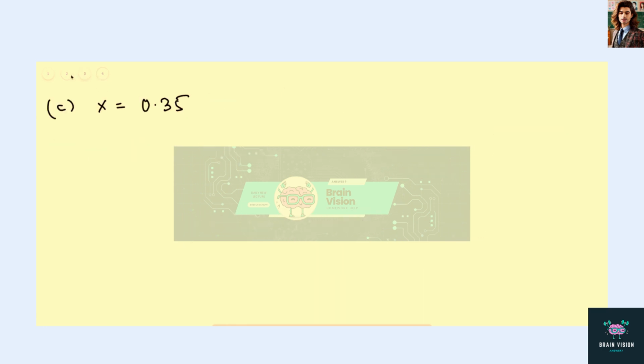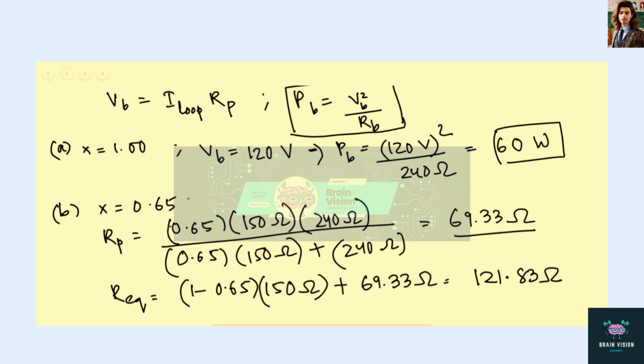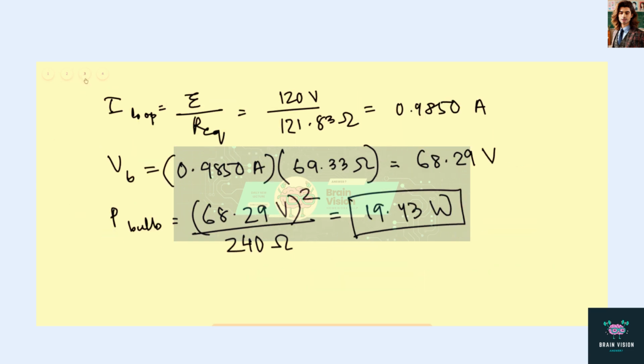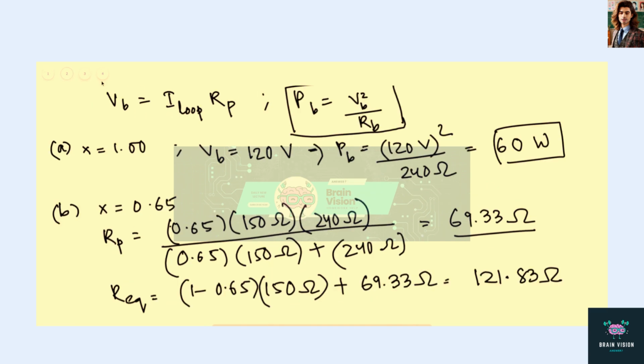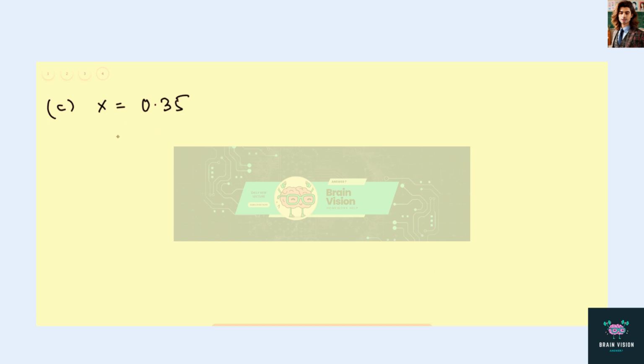Basically, instead of x equal to 0.65, we will have x equal to 0.35, and we will plug this into all those equations, all these five equations. From that, these are the values that we'll get. Our R parallel will be 43.08 ohms. The equivalent resistance of the circuit will be 140.58 ohms.